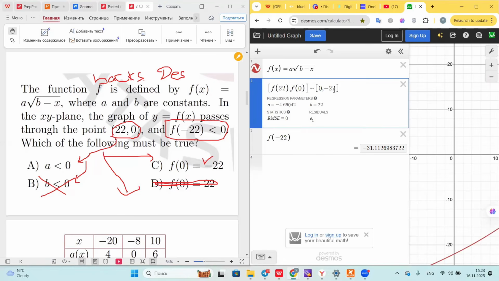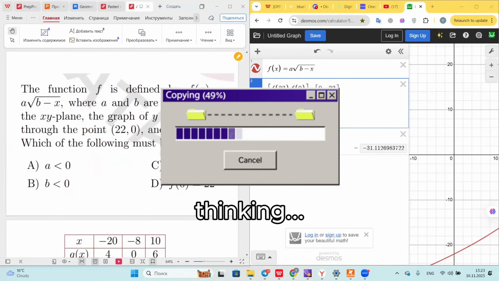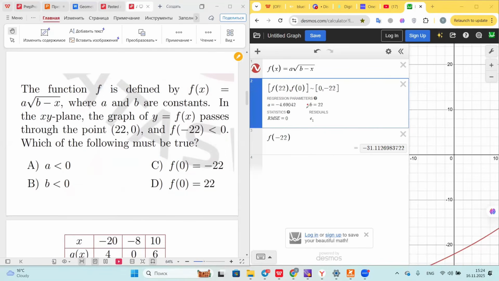a is negative. Yeah, both options are correct. f(0) can be -22, but we should still check it. Look, guys, yeah, those two options are correct. We should now do more research here. In this case, it says that b equals 22, and a is some negative number.